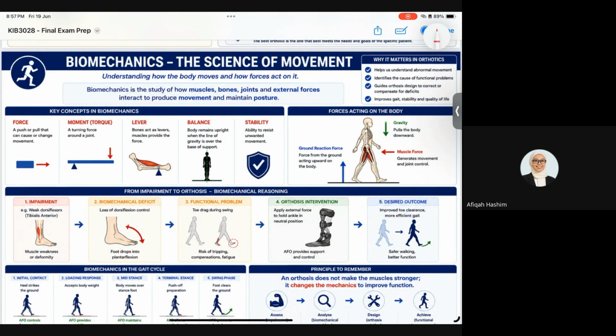The patient may trip, so they start to compensate. How? By lifting the hip higher, swinging the leg outward, circumduction, hip hiking. This compensation increases the energy expenditure, and it makes the walking less efficient.